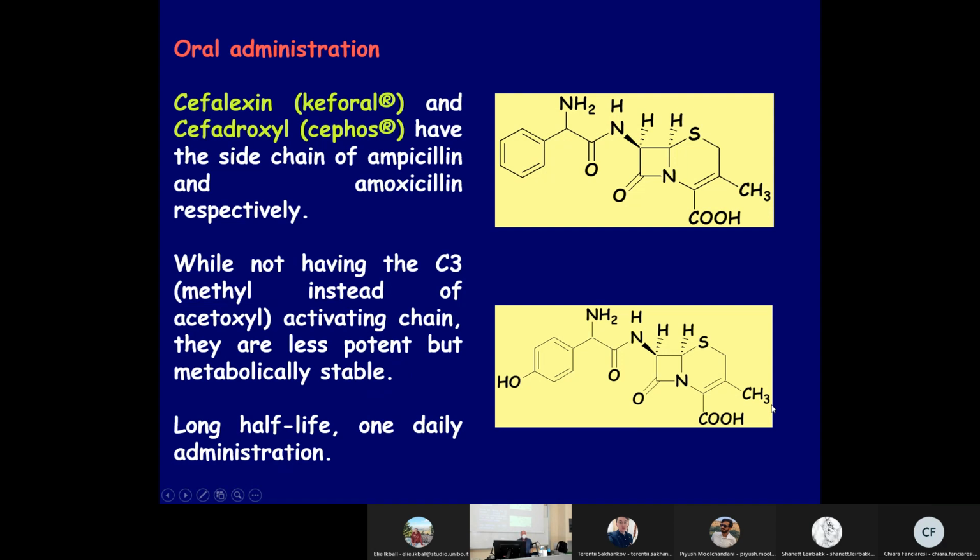Only a methyl, which is not a leaving group. It remains. And so perhaps the cephalosporins used orally are less active than those used by injection, because they have no leaving group.